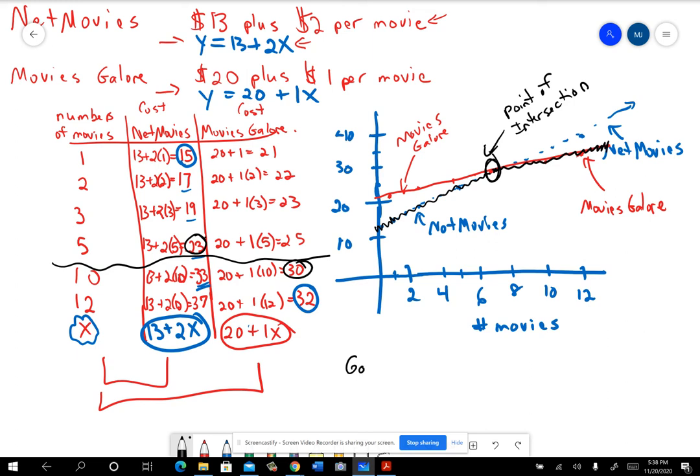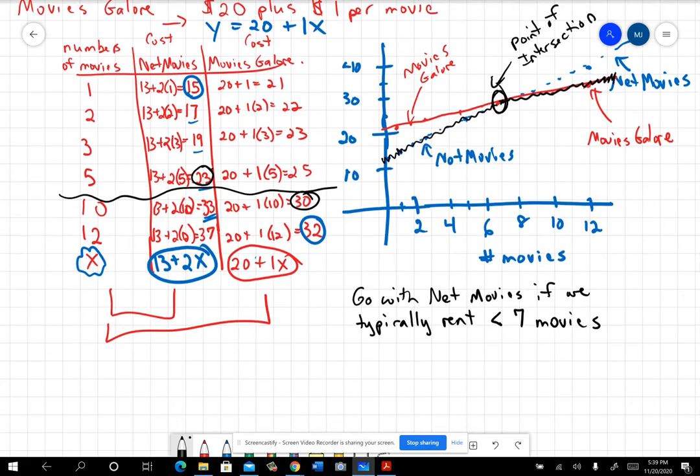So we would go with NetMovies if we typically rent less than whatever that turns out to be. So it's kind of looking like it's around 7, and we'll find out that it actually is. Okay, but you'd actually have to find that. So let's check on that.